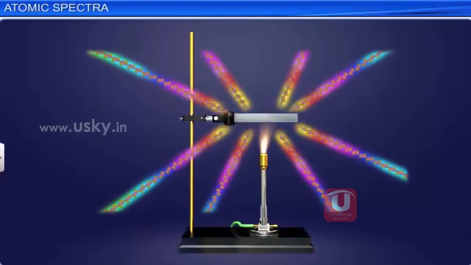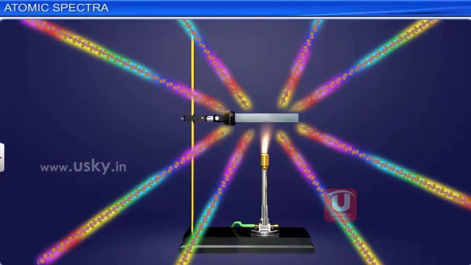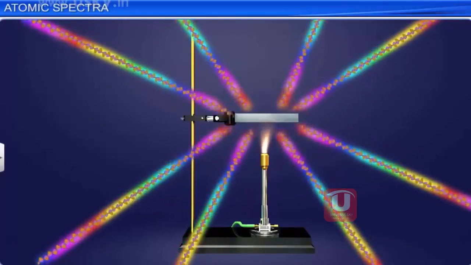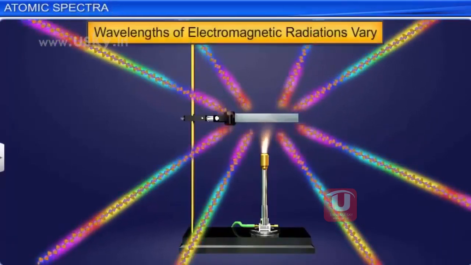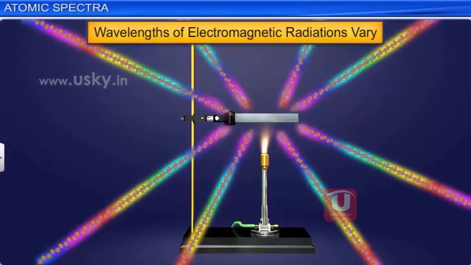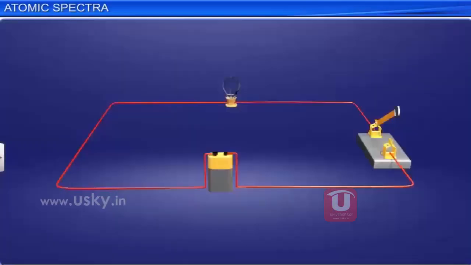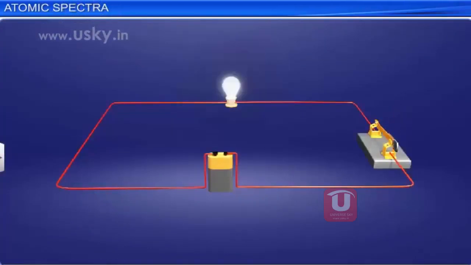When a metallic body is heated, it emits electromagnetic radiation. The radiation may consist of different wavelengths. The electromagnetic radiation may consist of different components having different wavelengths. For example, when the filament of an electric bulb is heated, it emits white light consisting of radiations in the visible range.